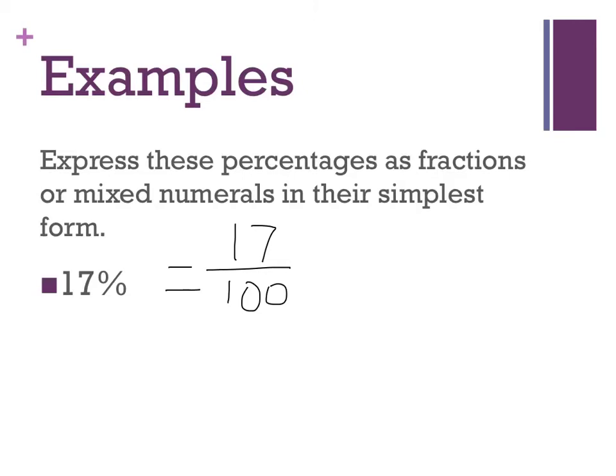Well, 17 is one of those annoying numbers. It's a prime number, so it only has 2 factors, 1 and itself. So I can't simplify 17 over 100 anymore because I can't find a number that goes into 17 that also goes into 100.